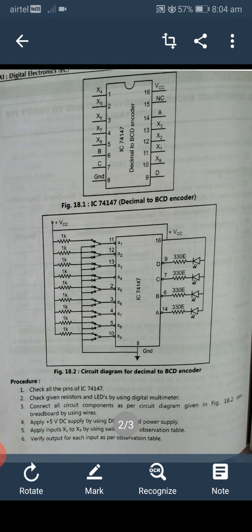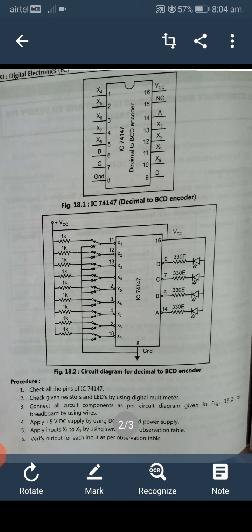The pin configuration of IC 74147 decimal to BCD encoder is shown in the above figure, and the circuit diagram for the decimal to BCD encoder is also shown in the above circuit diagram.